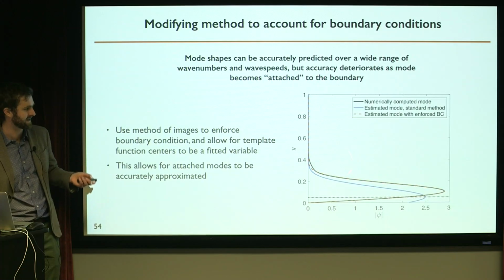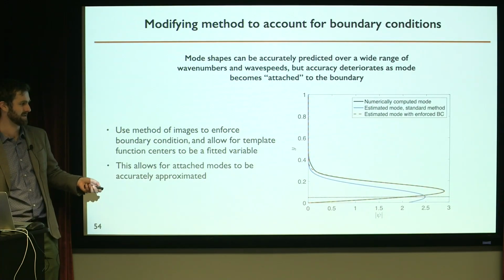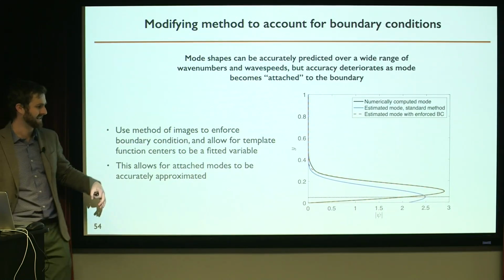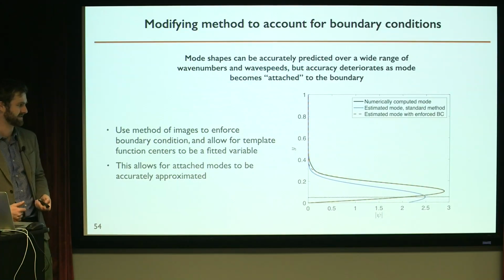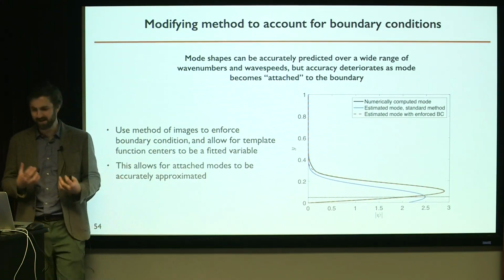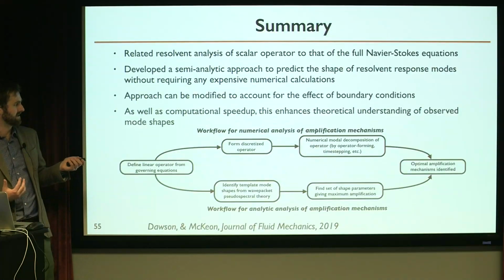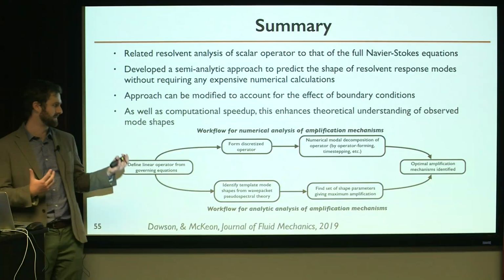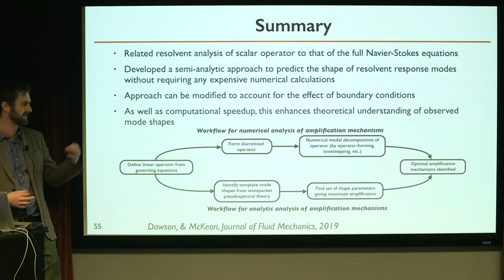We can do other things like looking at the implementation of boundary conditions. We do this by incorporating image modes that cancel out, that enforce the right boundary conditions and so forth. Again, I've skipped over the details, but hopefully I've given some flavor of this analysis, which is at the opposite end of the spectrum to where I started, where you study a system by generating a lot of data.